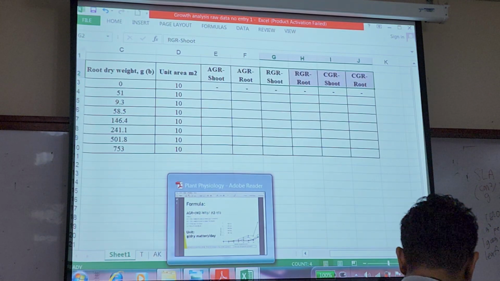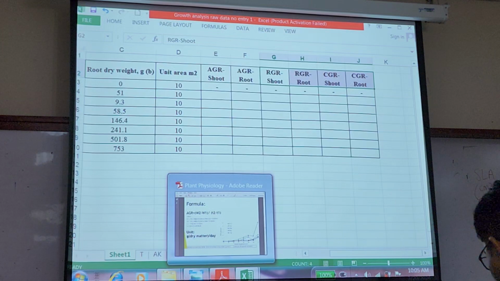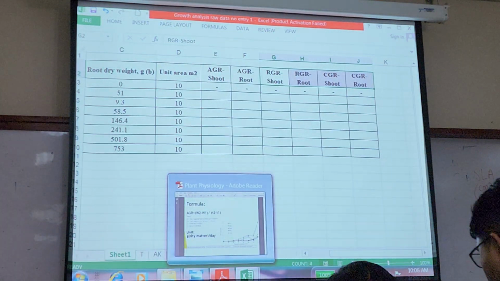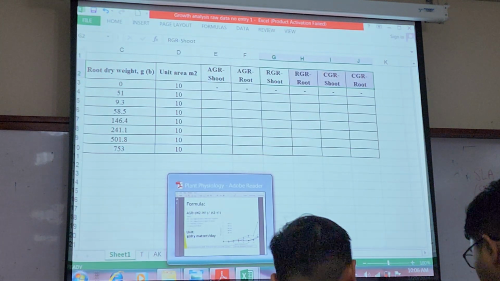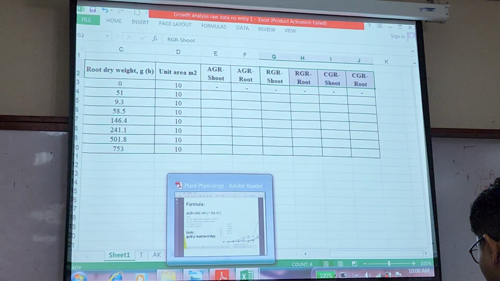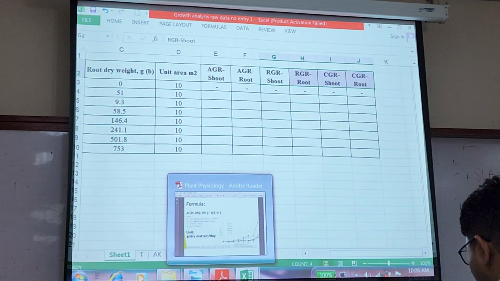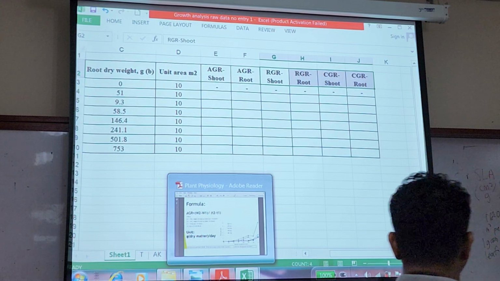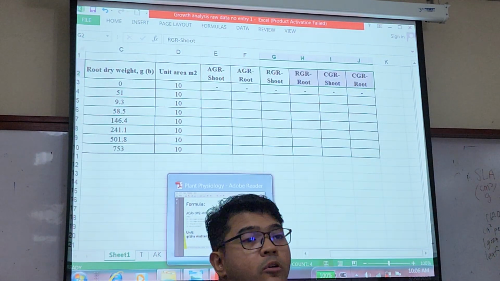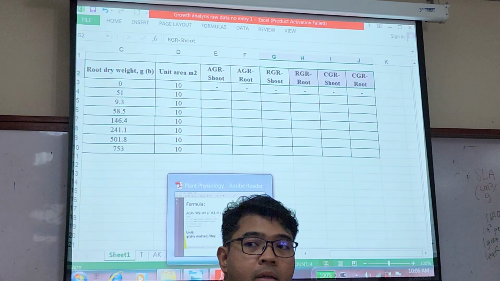Mana folder ni? Kenapa tak buka? Kenapa suruh buka tadi? No. Okay, if you go to the OneDrive folder, each group has its own folder.